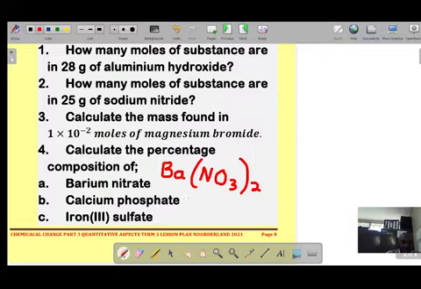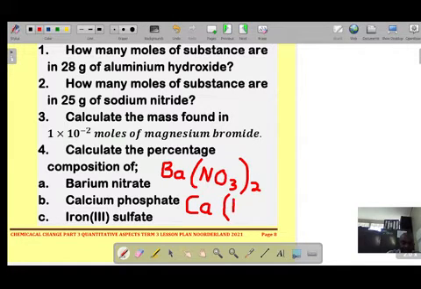What about calcium phosphate? Now calcium phosphate, it is Ca for calcium. Okay, what about phosphate? Open brackets again.